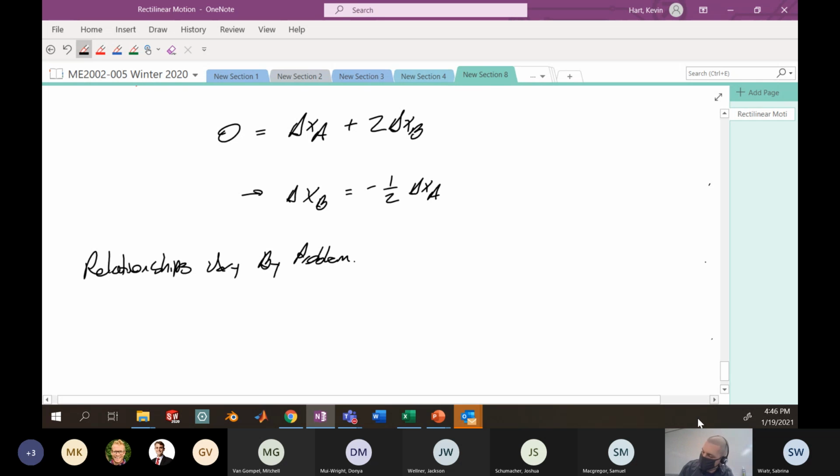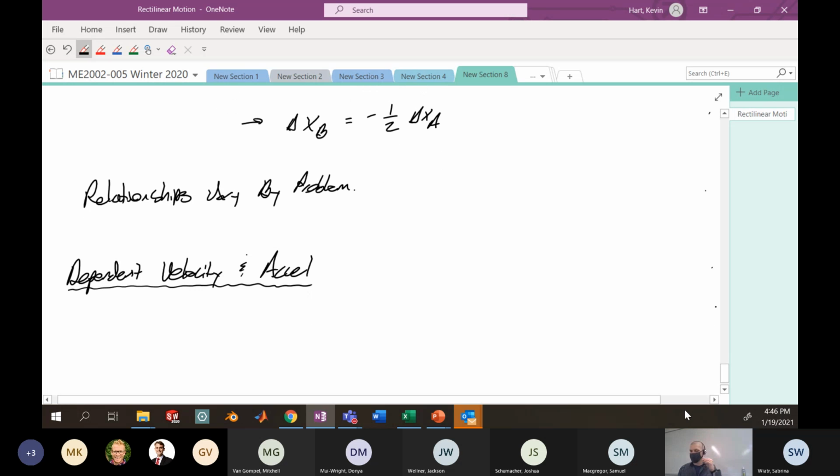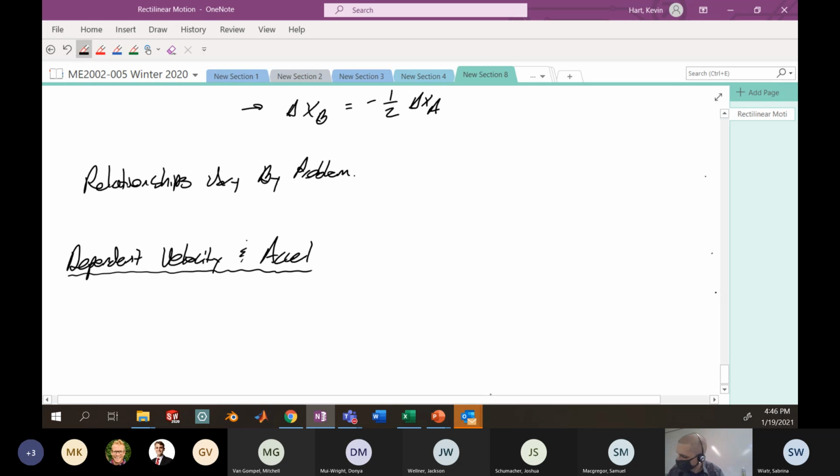Now what about the velocities and accelerations? Let's reconsider our previous example.